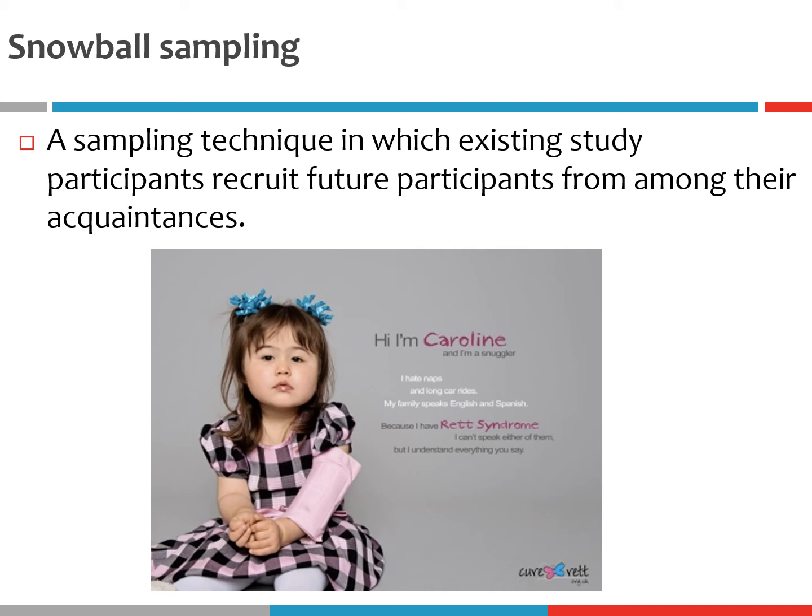So it's a very, very significantly disabling disorder, and there's a lot of federal funds used for research into this particular disorder. The way that kids are often recruited for the study is through existing participants who might have acquaintances who also have kids with this disorder.